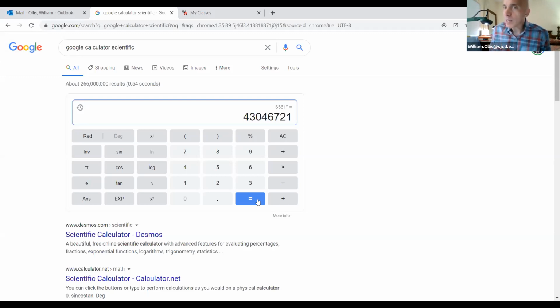If they will allow you to type an exponential number, then the palette will come out. But if it doesn't, you've got to type an exact number. So now we see our solution set is 43,046,721. How fascinating. So it's all good.